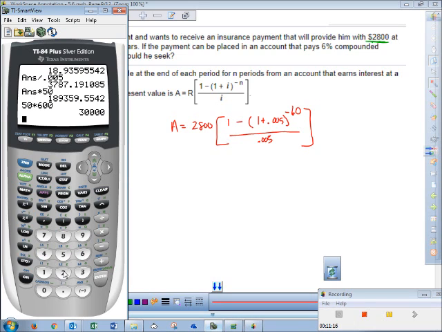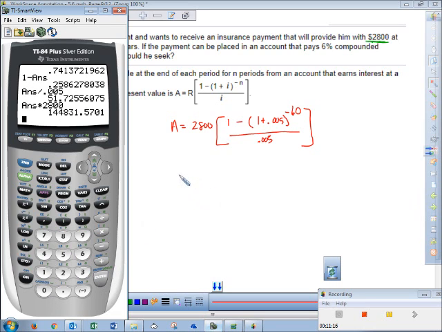That would be, I'm going to work from inside out, 1.005 to the negative 60th. And then 1 minus that, so 1 minus the previous answer equals, then divided by 0.005, and then times 2,800. Yeah, come on, zeros. Thank you.